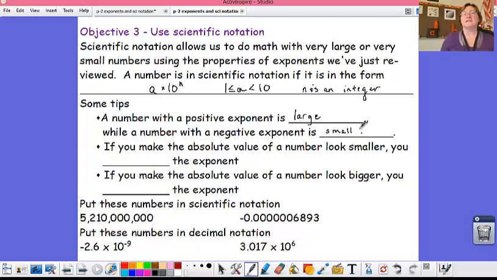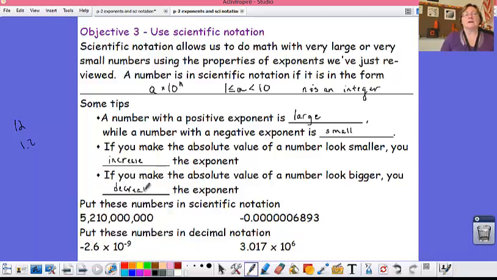Whether positive or negative, its absolute value will be small. If you make the absolute value of a number look smaller, so say I'm going from 12 to 1.2, I made that look smaller, that means the exponent increases. On the other hand, if you're making the absolute value of a number look bigger, you decrease the exponent.